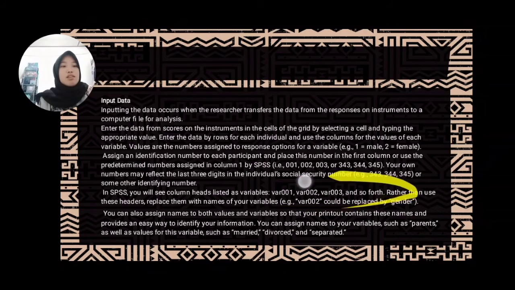You can also assign names to both values and variables, so that your printout contains these names and provides an easy way to identify your information. You can assign names to your variables, such as parents, as well as values for this variable, such as merit, recover it, and separate it.